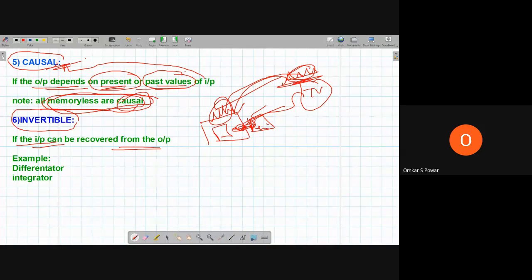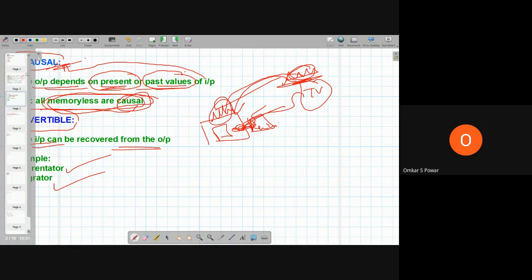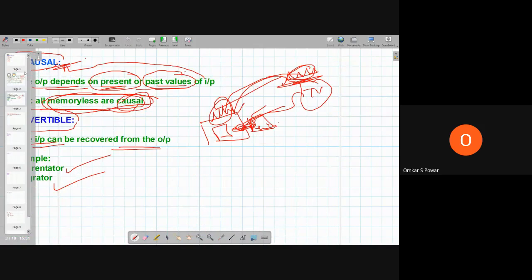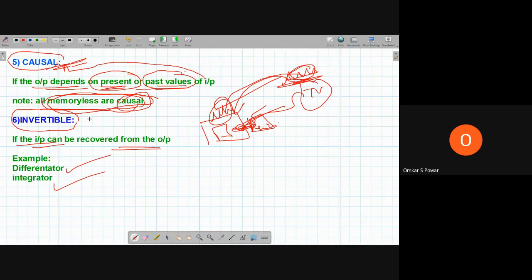This is nothing but invertibility: the input can be recovered from the output. Example, differentiator and integrator. So what are the properties of the system we have seen? Linearity, time invariance, stability, memory, then causal and invertible.